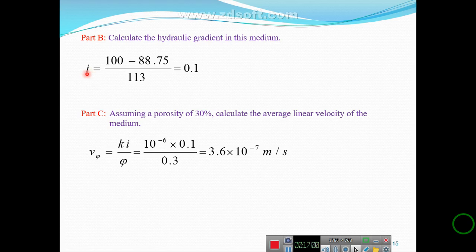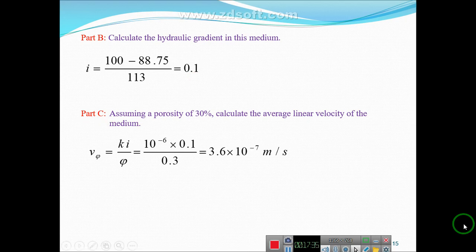The hydraulic gradient I is calculated from the difference in head values, initial head and the calculated head at distance 113 meters over the distance 113 meters. The result is 0.1.